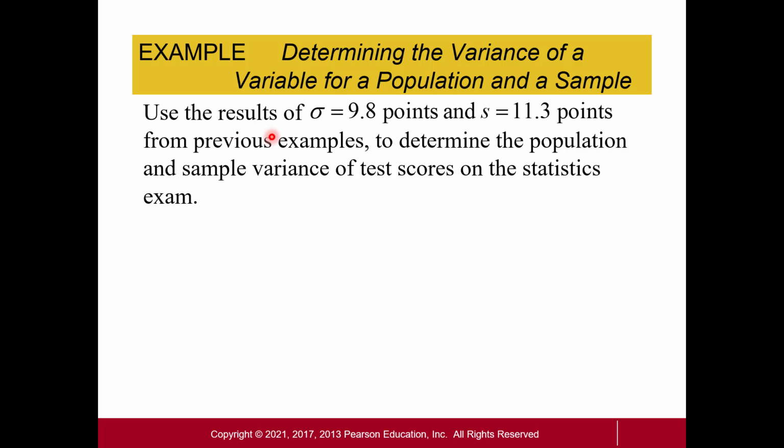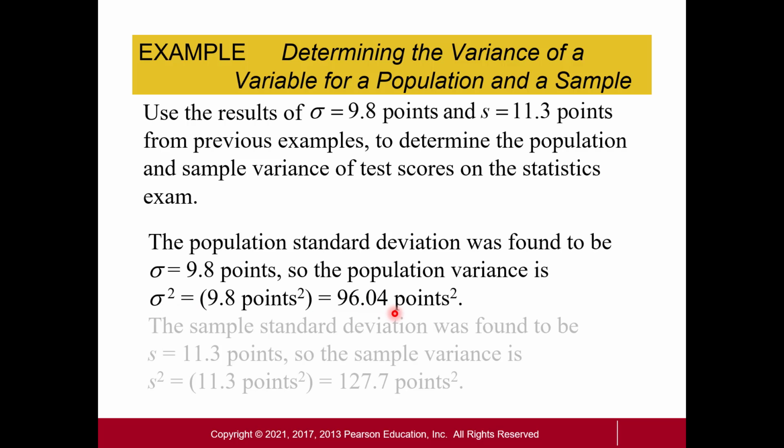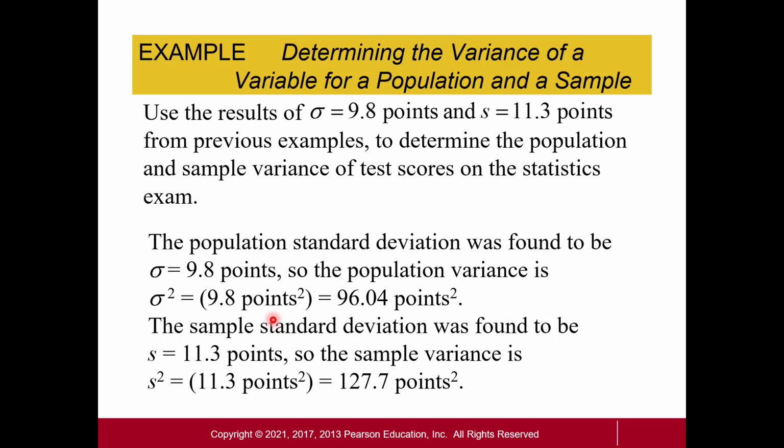So we're going to use our result from our population standard deviation for the test scores of 9.8, and our sample standard deviation from those 4 test scores of 11.3, to determine the population and sample variance of test scores on that exam. Because our standard deviation of our population was 9.8, we just square it, and 96.04 points squared is going to be our variance.